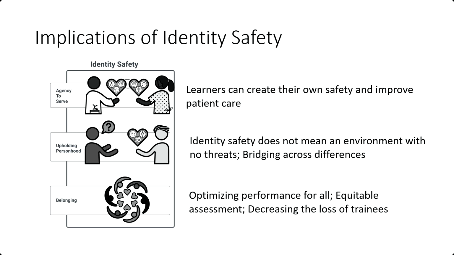Second, I mentioned this, identity safety does not mean an environment with no identity threats. I think very importantly, upholding personhood really highlights this concept of bridging across differences. A lot of the historical dialogue is, we need to recruit more Black people so that we have Black people to mentor the Black people. But then what happens is, I'm in a division, and now we have 2 Black faculty.